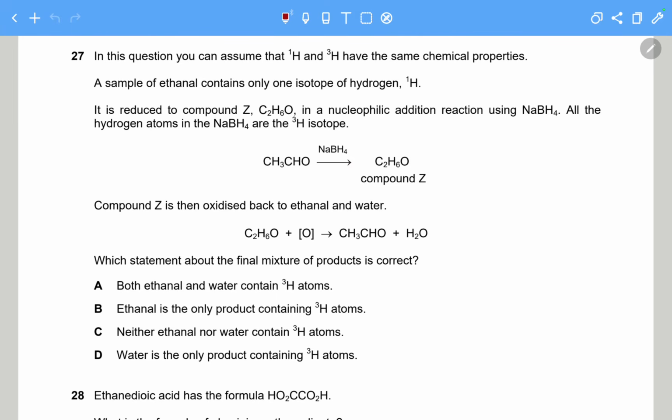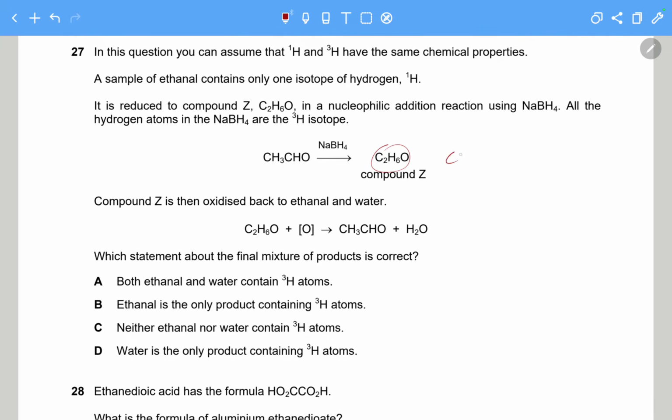Okay, so CH3CHO plus NaBH4 gives us this compound. We know NaBH4 is a reducing agent. So let's see what's happening. CH3CO, this is the aldehyde. This gets reduced to CH3. And remember, this is H1 because they've said that the only isotope of hydrogen in the ethanol is H1.